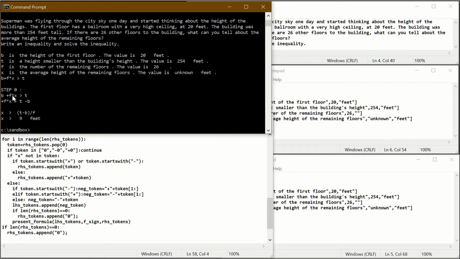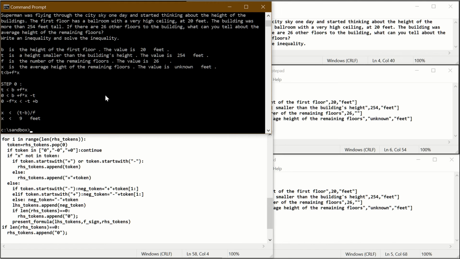Okay, so we have p plus f times x larger than t, all tokens with x on the left hand side and tokens without x on the right hand side. So this passed. Now the next test, it's 005. Okay, so we have t is more than b plus f times x.